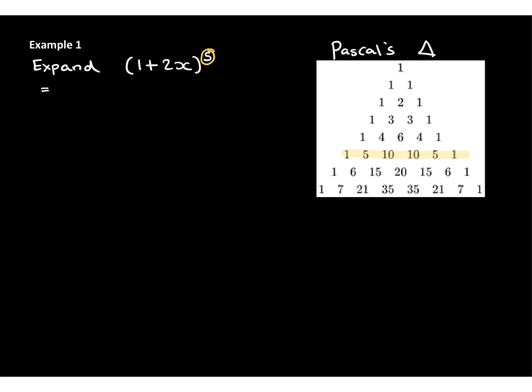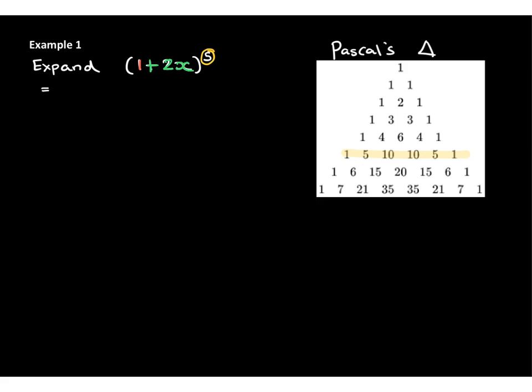Now, I am going to split up the parts of the binomial, so I've got 1 here, and then of course, signs are important. Here I have a positive 2x, and I'm going to list the terms vertically one by one rather than in a horizontal row, because it's a lot easier to keep track of the different terms when they're listed in this way. So let's do this.